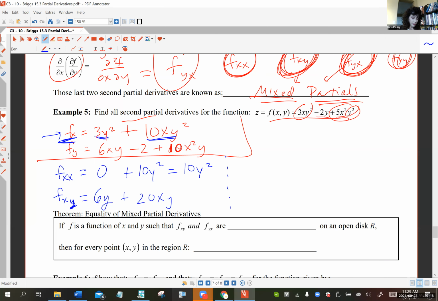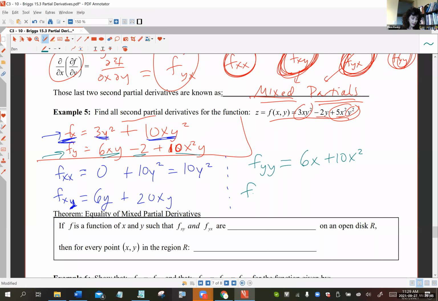Okay, we got those two grandkids, and now we've got two more. So now let's go get fyy. fyy is the derivative of fy with respect to y. So you're going to go, okay, what's the derivative of 6xy with respect to y? 6x. And then the derivative of minus 2 is 0. And then the derivative of 10x squared y with respect to y is 10x squared.